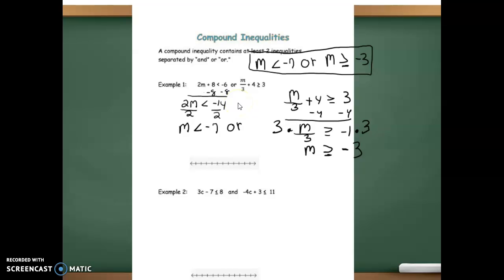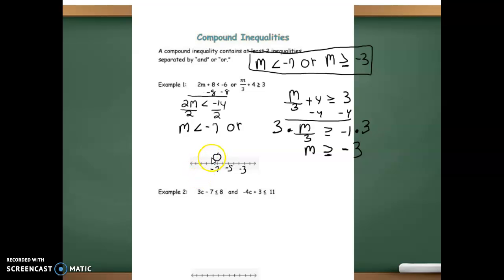So I'm going to start with the major numbers here, all right? Let's say we have a negative 5 here, 6, so that would be negative 7. That's one of our key numbers. And that would be negative 3, right? All right, so let's start with this part. This says m is less than, so remember that gets an open circle, less than negative 7.